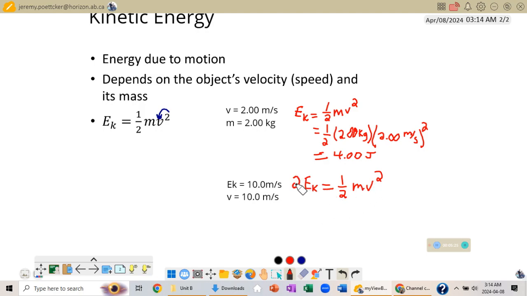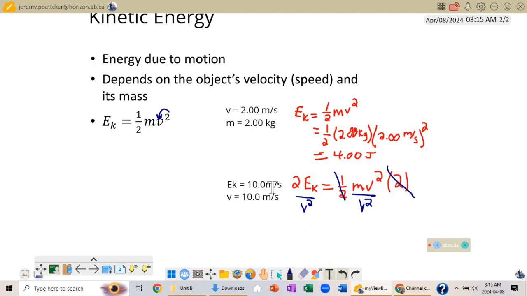By multiplying that right side by 2, I'm just getting rid of the 1/2. I want to get the v squared to the other side, so I'm going to divide both sides by v squared. All right, now I want you to try this in your calculator. Make sure that you are capable of doing this.